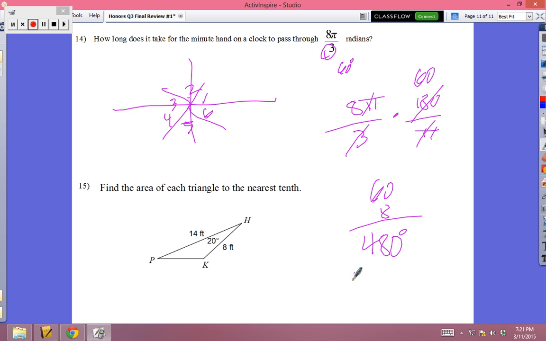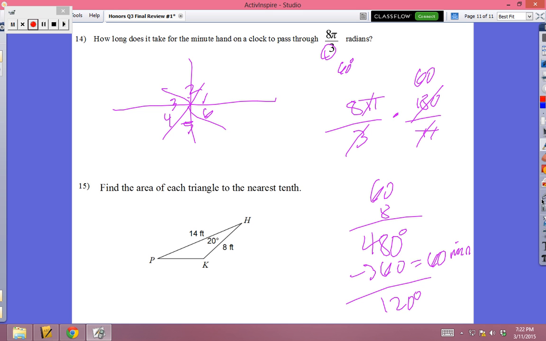Okay, that's more than a circle. 480 minus 360 is going to be 120 degrees, which is right there. Right in quadrant 2, so 120. But now, minutes rotating on a clock, 360 degrees is equal to 60 minutes. And then I'm getting 120 left over.